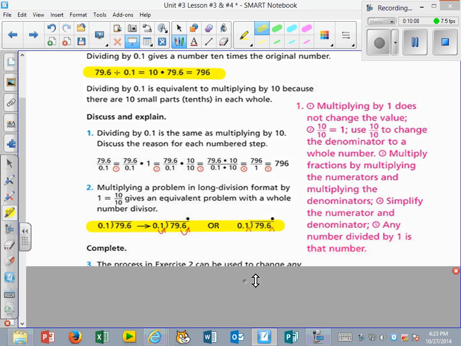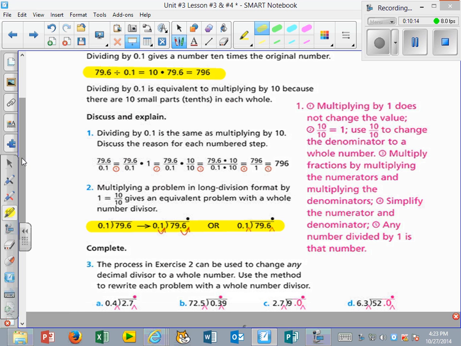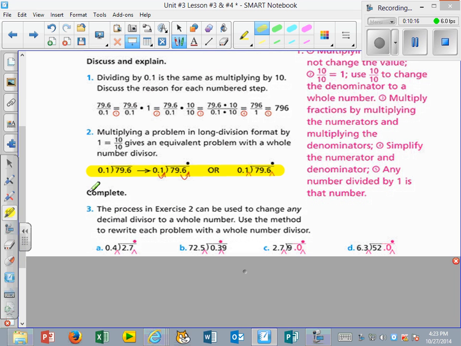So let's take that a little bit further here, and let's look at number 3. It says the process in exercise 2 can be used to change any decimal divisor to a whole number. Use the method to rewrite each problem with a whole number. So let's just do one of these, 3a. 3a is 0.4 into 2.7. Use the method, move it one place over, move it one place over.